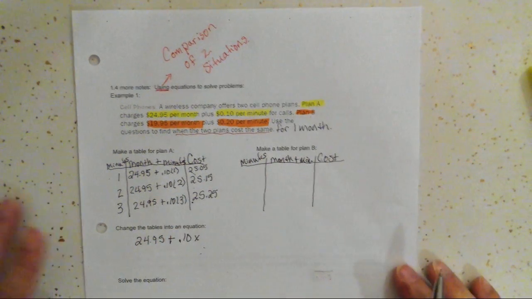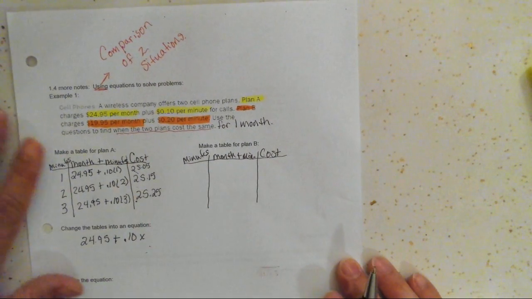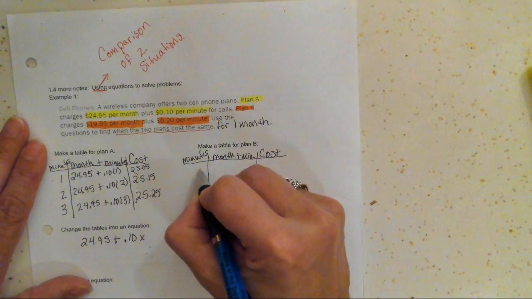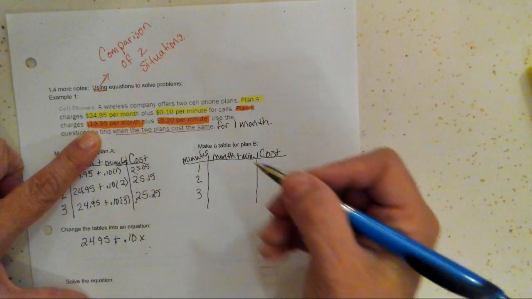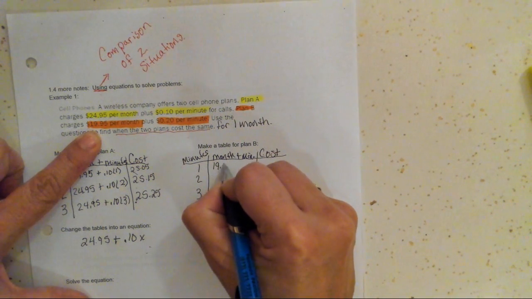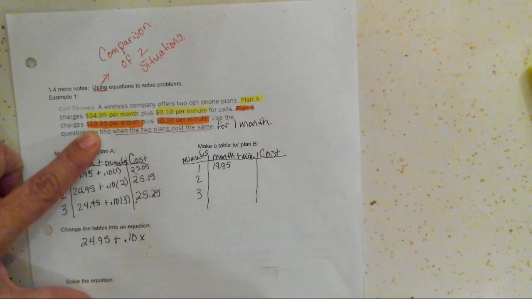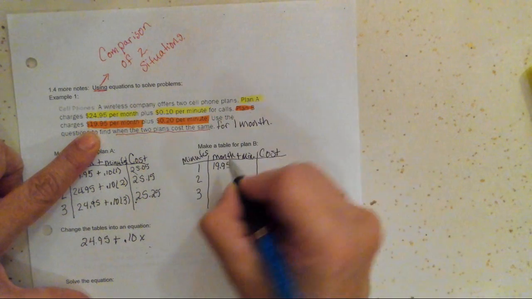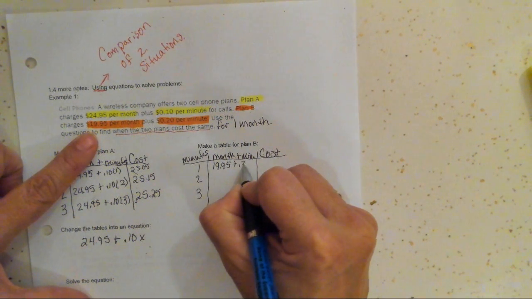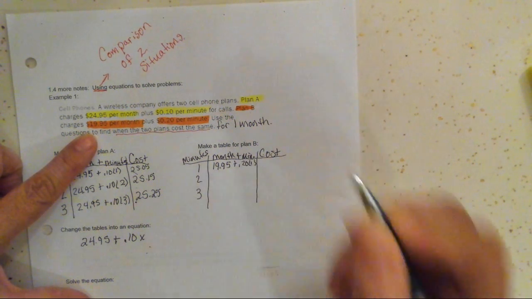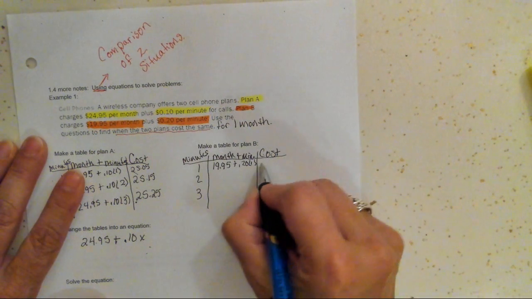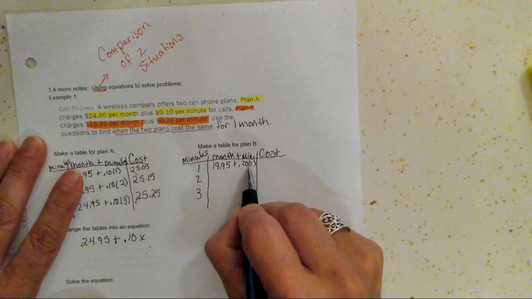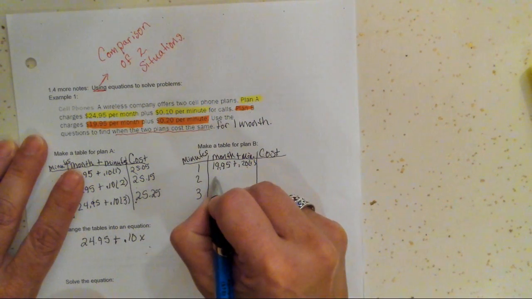Okay, so now we're going to look at the other plan. Again, we're going to compare them the same way. We just have different numbers here. Again, because we're doing 1 month, this $19.95 is paid one time, so that is our constant. And just like the other one, our 20 cents is what's, we don't know how many times we're paying that, so we're just guessing. So here, this would be $19.95 plus 20 times 1 minute.